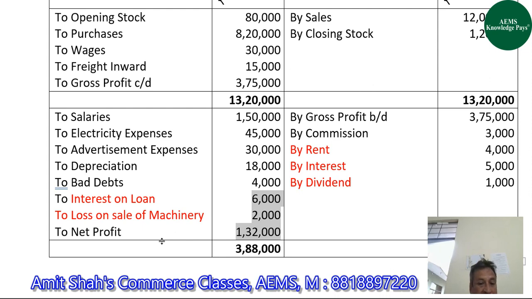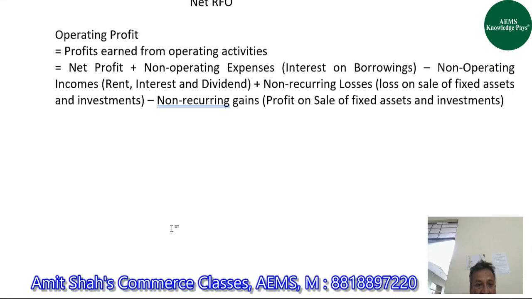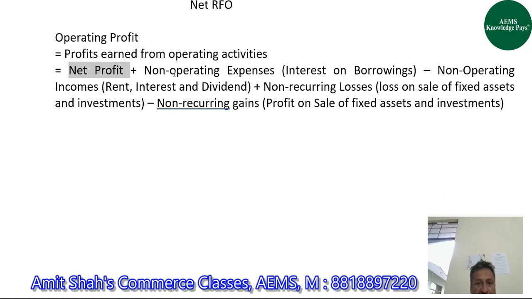Because of these two items, this profit decreased, right? So if we remove these two items because they are non-operating, this will increase. To increase this, to this net profit, we add these two items, and that is what I have written here, guys. Net profit plus non-operating expense plus non-recurring losses, right?